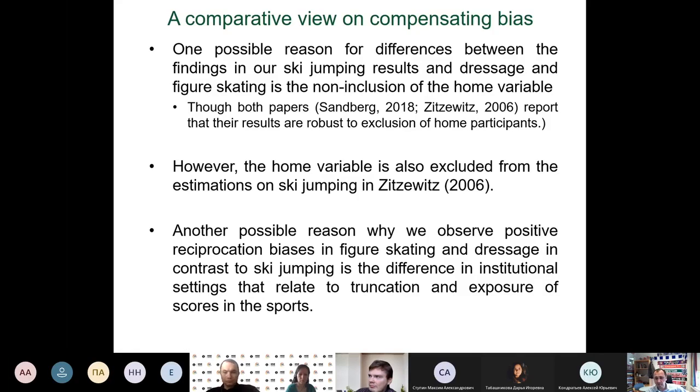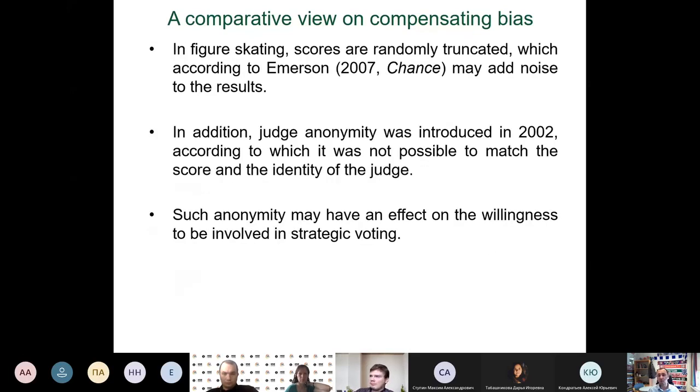Another possible reason why we observe positive reciprocation biases in figure skating and dressage is that they relate to different institutional settings, relating to truncation and exposure of scores in the sport. So for example, in figure skating, from 2002 to 2016, I think, there was anonymity, which is really bad.